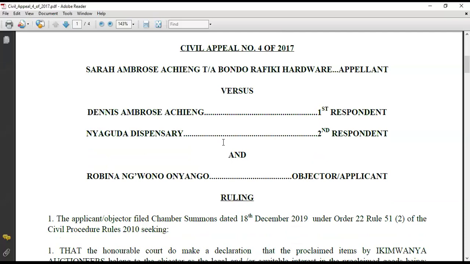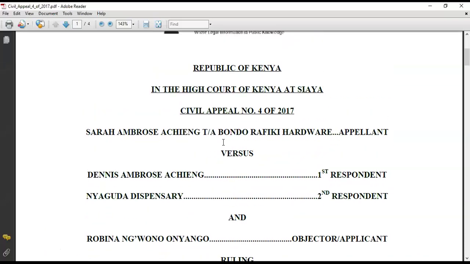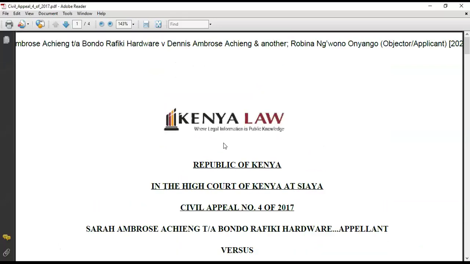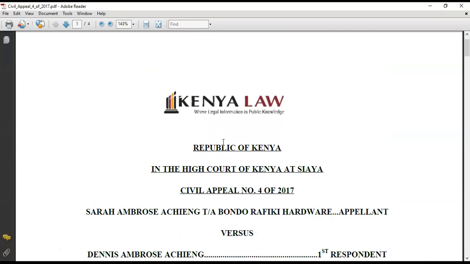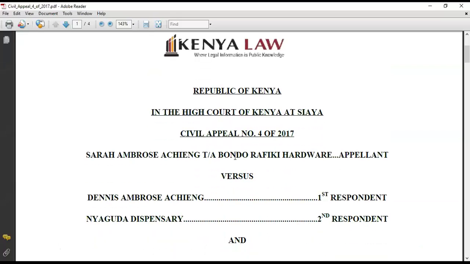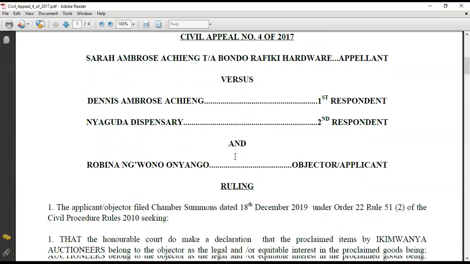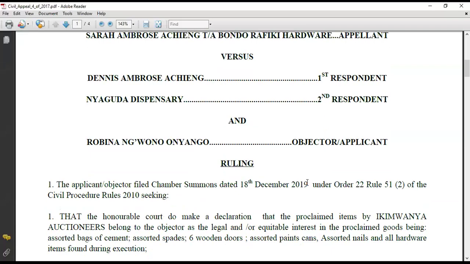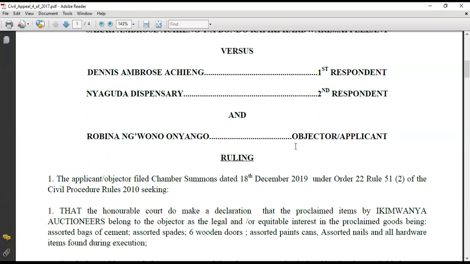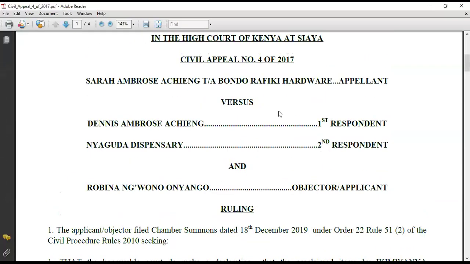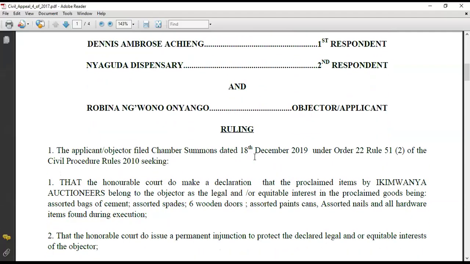So, Sarah Ambrose Achieng versus Bodo Hardware was the appellant. Of course, you filed the chamber summons still in the case, and the parties are the same parties, then there's the objector and the applicant.